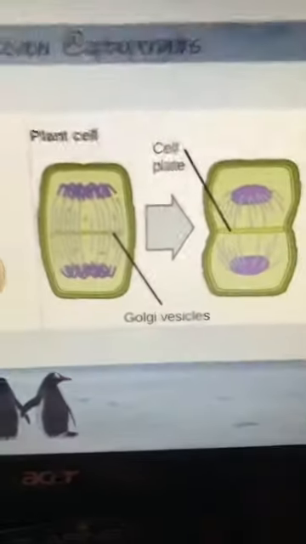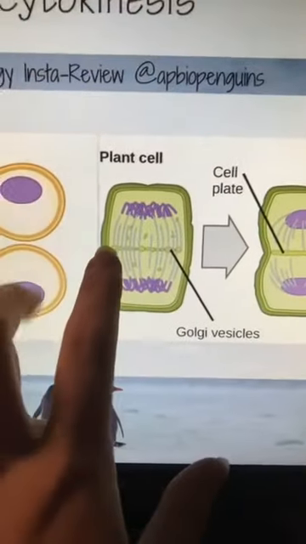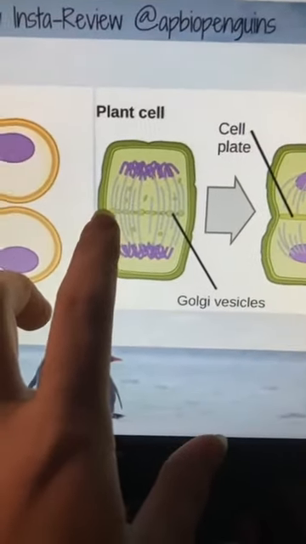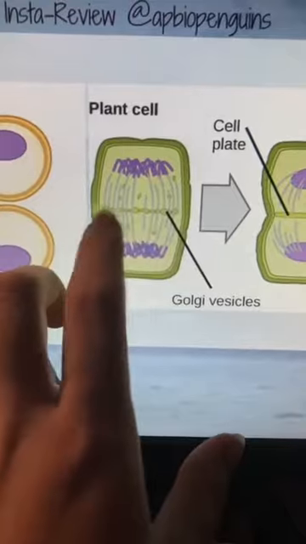So when we pull the actin close together, it just pops off and becomes two. Think about it like a bubble: you can make two bubbles from one bubble if you pull it close and get the outside of the bubble together. Over here, we see a plant cell. With a plant cell, the Golgi bodies are going to release the secretions of the cell plate.